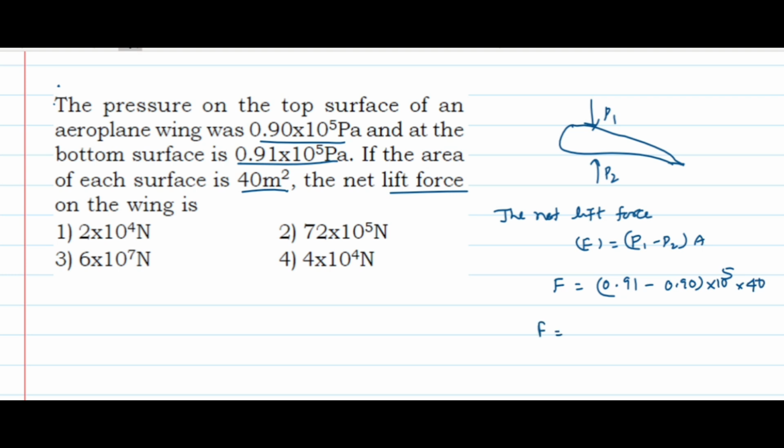Therefore when you are simplifying, 0.91 minus 0.9, 0.1 you will be getting, so this is 0.4 into 10 power 5, which will be equal to 4 into 10 power 4 newtons. This is the net force on the wing.